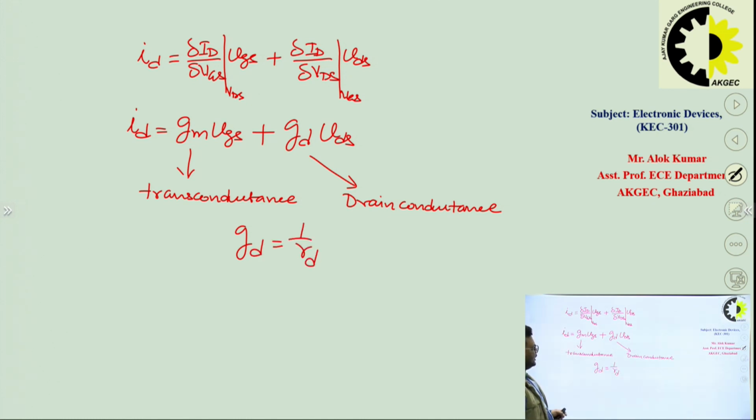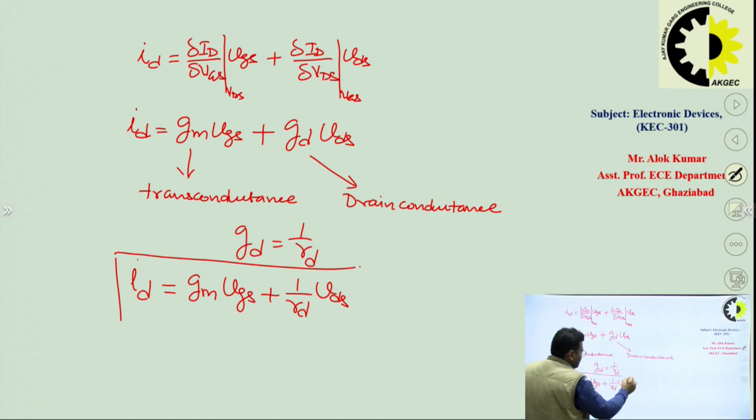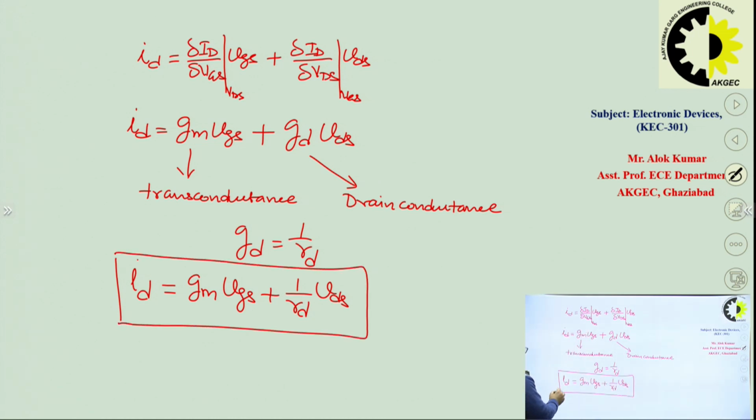So ID will be GM into VGS plus 1 upon RD into VDS. So this is the final equation of a small change in ID current.